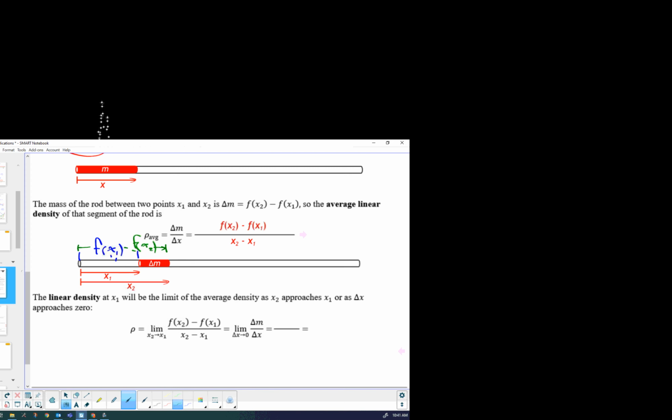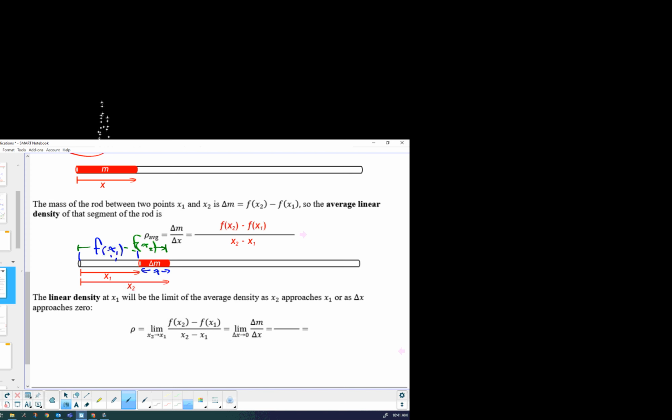We're finding an average density. So this rho is density, and it's an average density because I'm looking at the change in mass over the change in length, which means I'm looking at the mass of that red section over whatever this length is here.